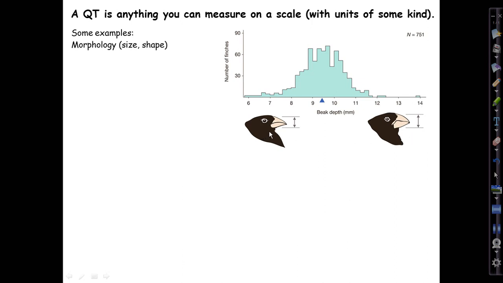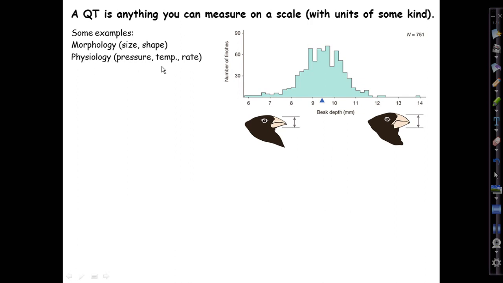And then there are smaller, usually more slim birds with narrower beaks that are less tall. And the evolution of that quantitative trait, which is of great ecological importance to the birds, has been studied for decades.